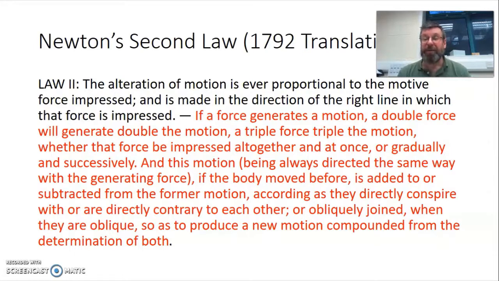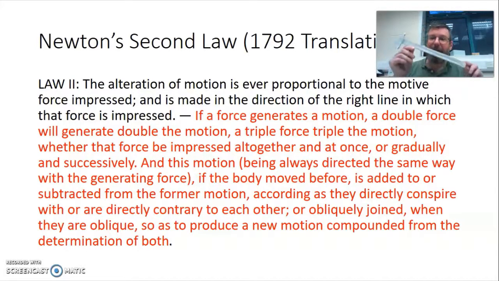What Newton is saying here in translation is that, in order to work out the effect of a number of separate forces, you have to take into account the direction and the magnitude of those forces. And so what he's saying is that force has a magnitude and direction.